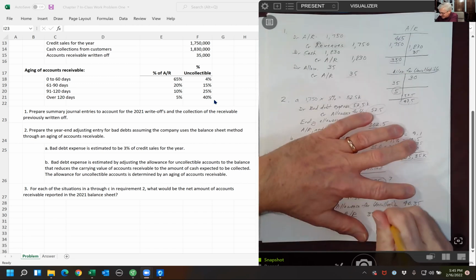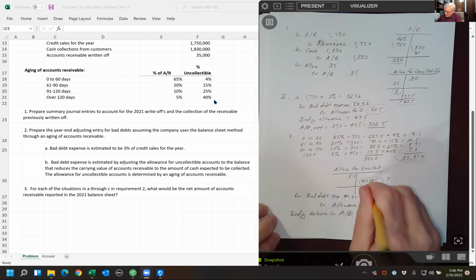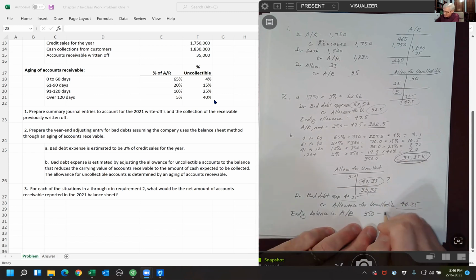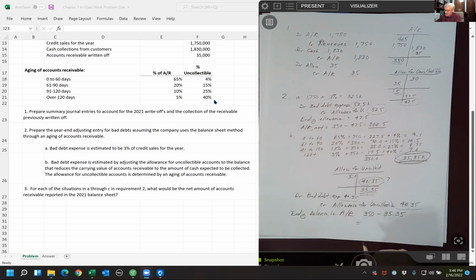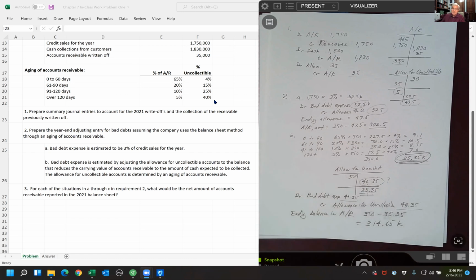I knew there was something wrong there. Not 40.35. The ending balance of AR, don't make the same mistake I was going to make, because I was just going to pick up that 40.35. That is the journal entry. That is the expense. The ending balance is 35.35. So the ending net balance in AR is 314.65 thousand.